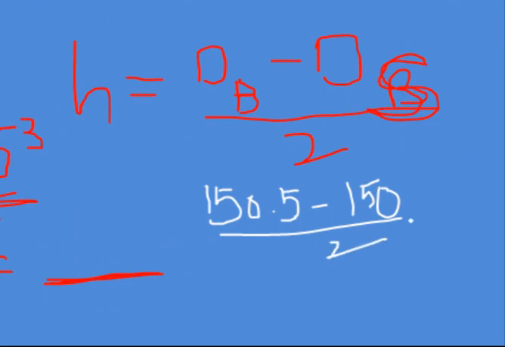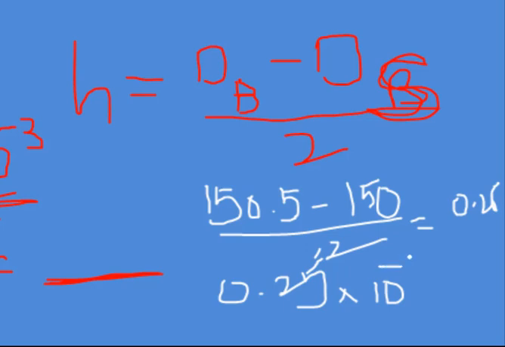Just calculate this, you're going to get 0.25, and this is in mm. Convert that into meters. What you're going to get is 0.25 into 10 to the power of minus 3, and this is your h value.